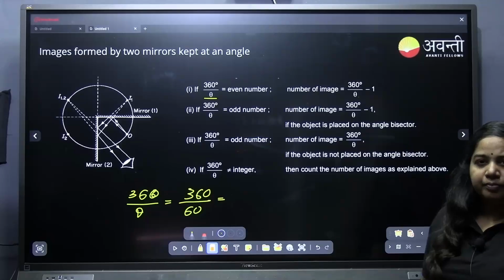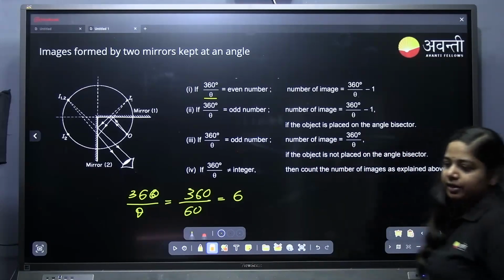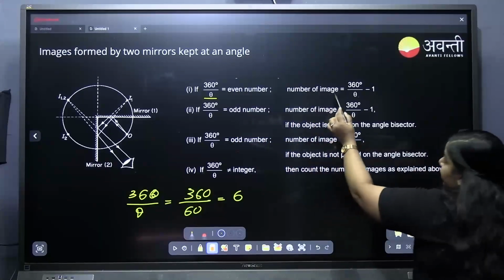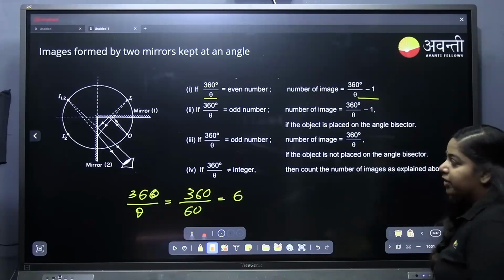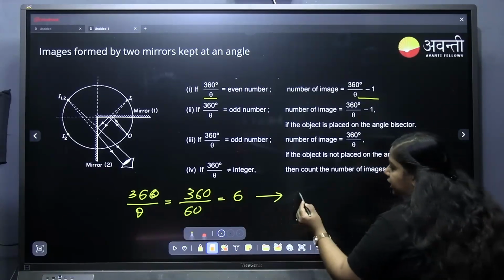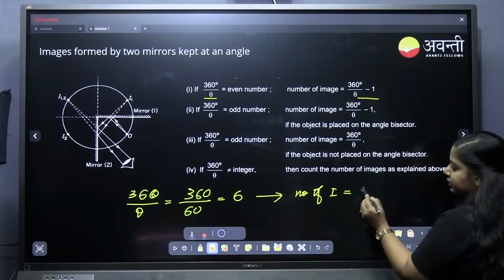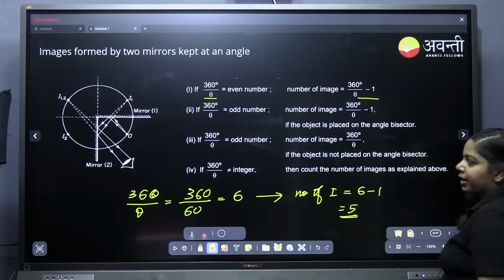This will be equal to 6, right? Now see, if it is an even number, the number of images will be 360 by theta minus 1. So in this case, the number of images will be equal to 6 minus 1, which is equal to 5.